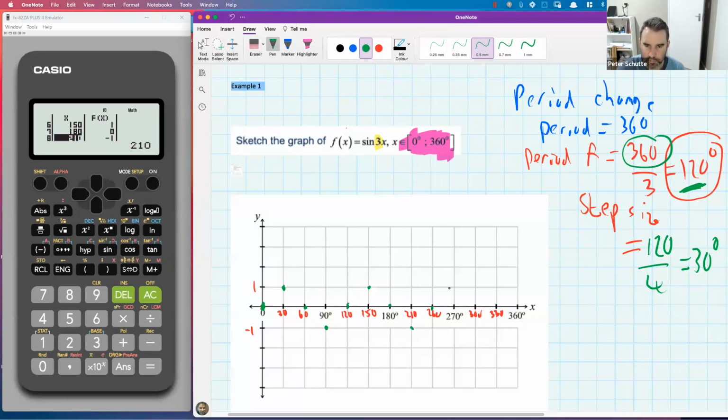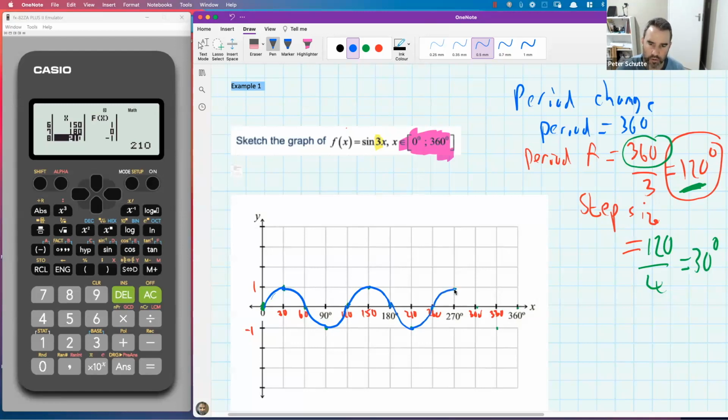I'm sensing a bit of a pattern here. I don't know if you see it as well, but it feels like I'm just going down and up in these jumps of one step. Let me try again. So one step goes to there, then another step, then another, then another, and that's one full period of the sine graph. Now I go again.